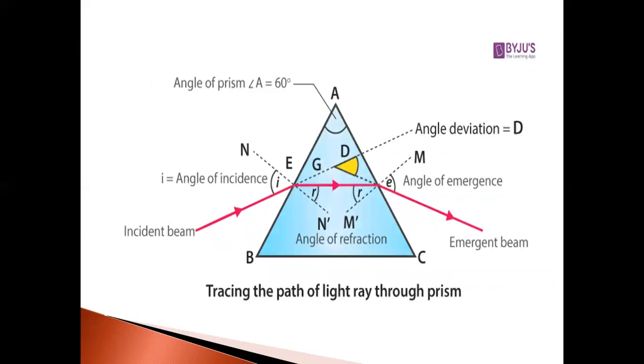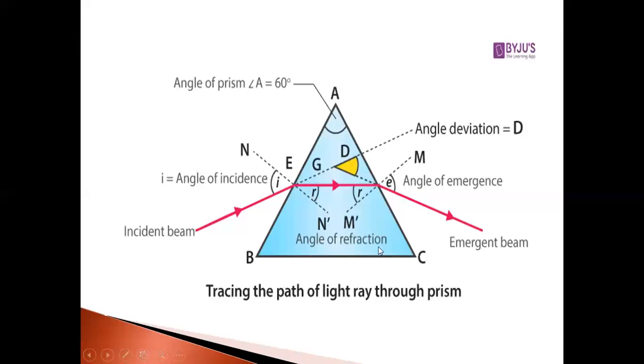You see the diagram of the prism. This is a prism, glass prism. The angle A is called angle of prism. You see, where is angle A? This one. A glass prism is a triangular prism. In this prism, each angle of it is of 60 degree.